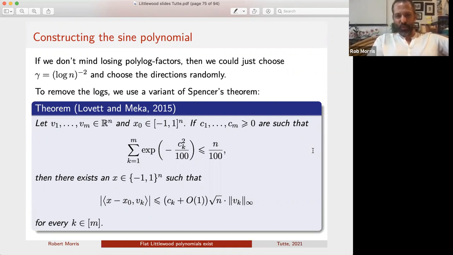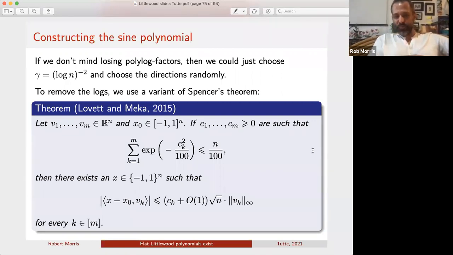One really nice thing is that it allows you to take these constants, these c's, as many of them as you like, as long as they're decaying in this way, this condition, the sum of e to the minus ck squared should be not too big. So you should think of these things as being constants at first, but then once you get beyond n, they need to start growing, basically, to make this sum converge.